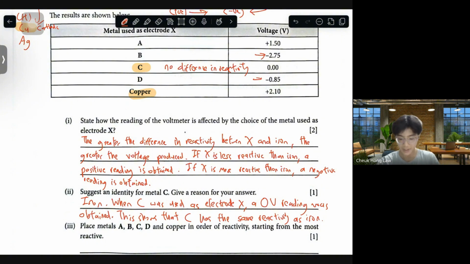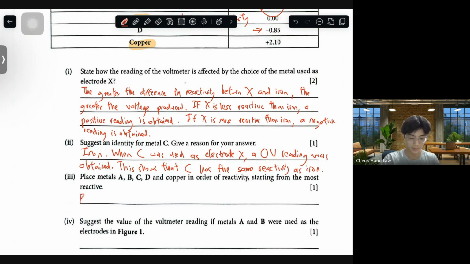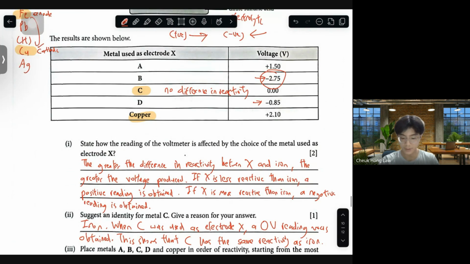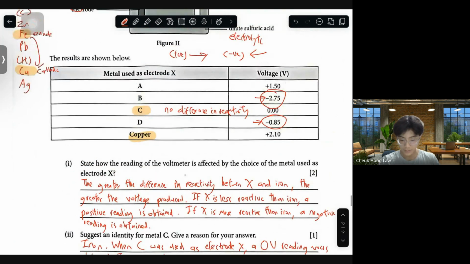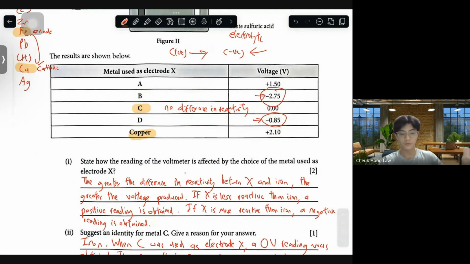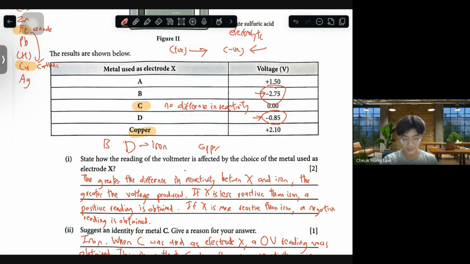Which one has a higher number? This one. So B is the most reactive, followed by D. Then it starts to go on a scale. Iron is here and copper is here, and B, D is around here. So C is the next one because C is iron.